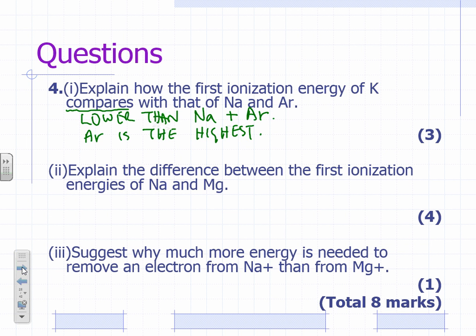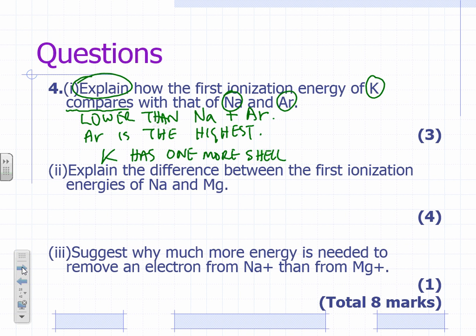Now explain. Why is that? Well, looking at the position of potassium in the periodic table, comparing it with sodium, potassium has 1 more shell than sodium, and in fact 1 more shell than argon.